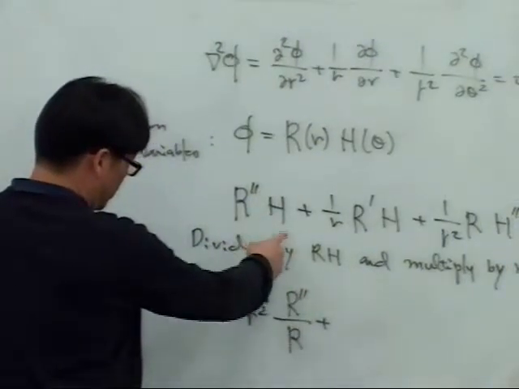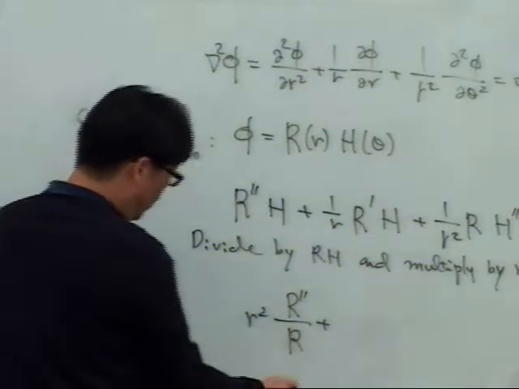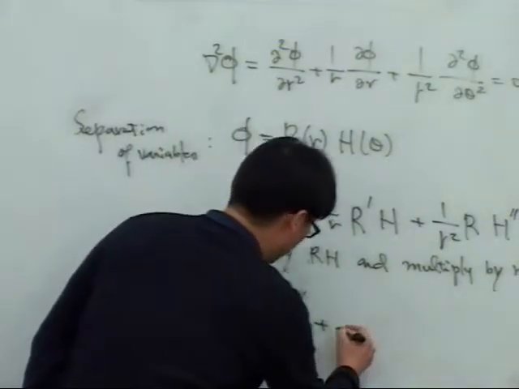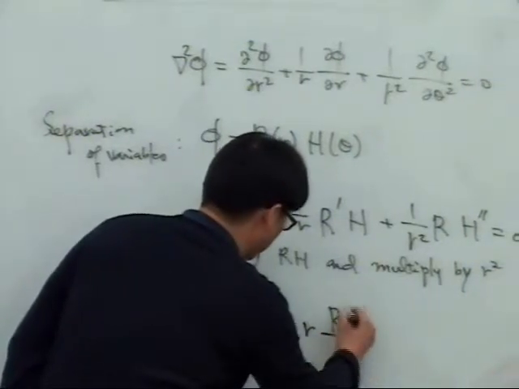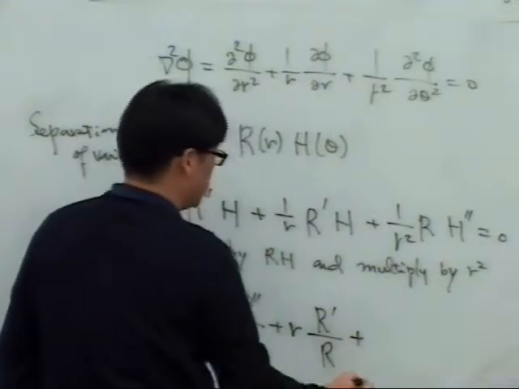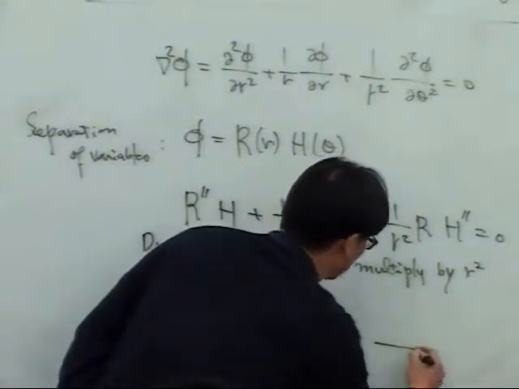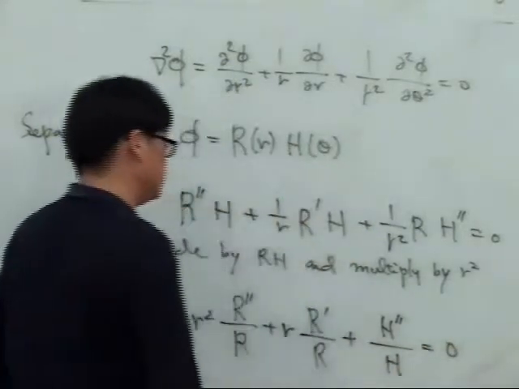I have an h in both numerator and denominator, so they will go away, and then I end up with R squared R double prime over R, plus R R prime over R, plus h double prime over h equal to 0.